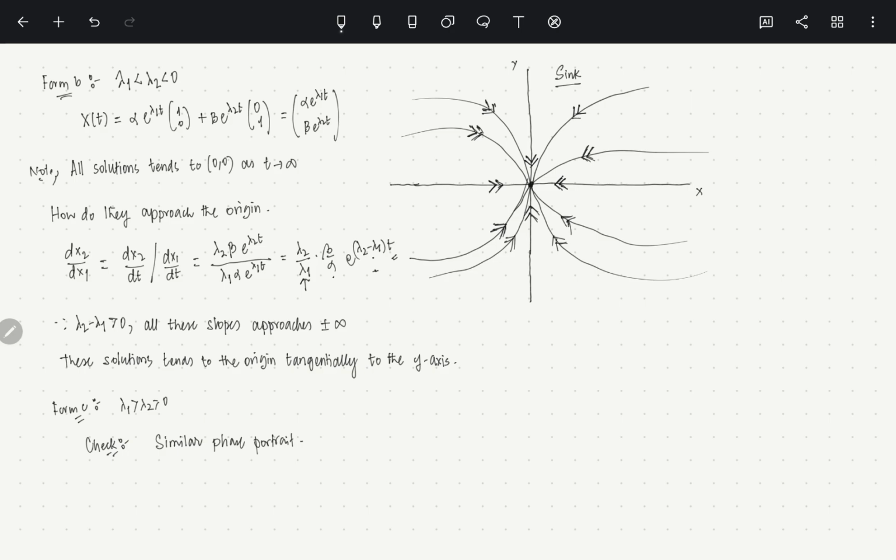But as t tends to infinity, if lambda 1 and lambda 2 are both positive, then the solution is moving away from the origin. All solutions move away from the origin. So here you have to note, all solutions move away from the origin.